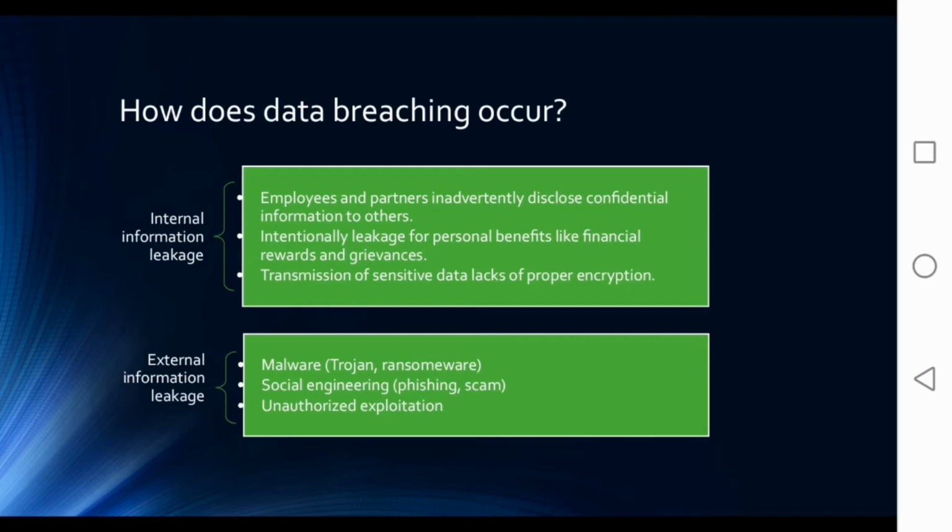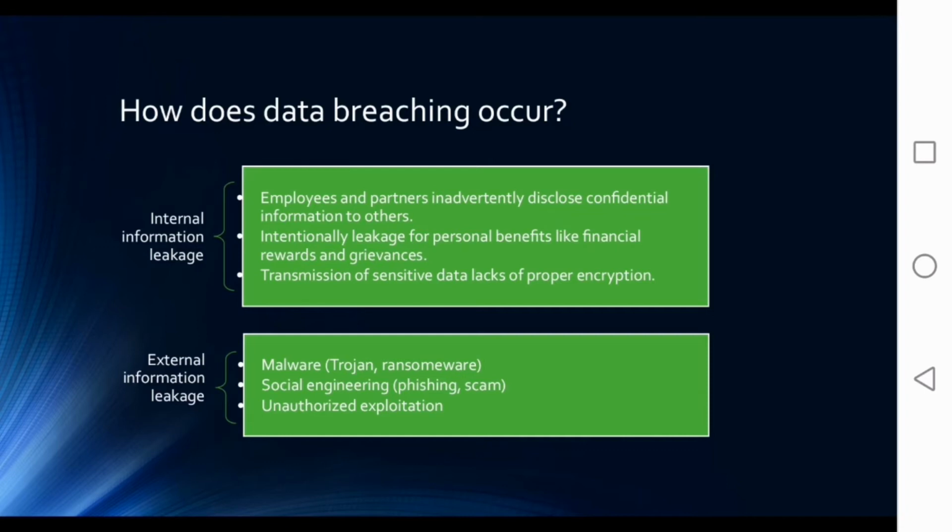Data breaching can be caused by internal and external information leakage. Internal information leakage usually occurs when employees and partners inadvertently disclose confidential information to others, or intentionally leak the information for personal benefit.